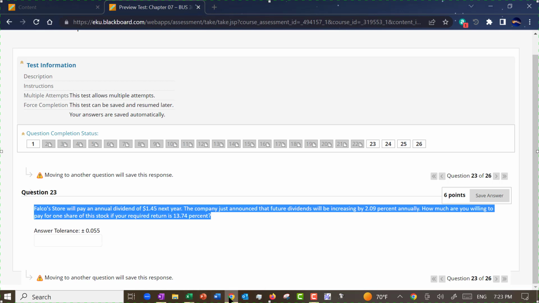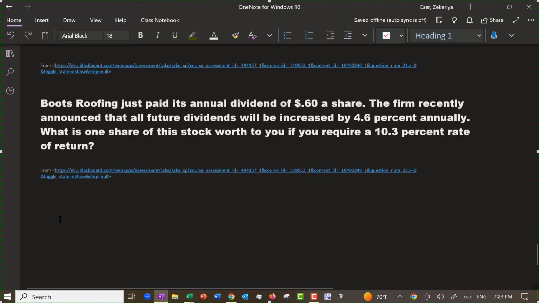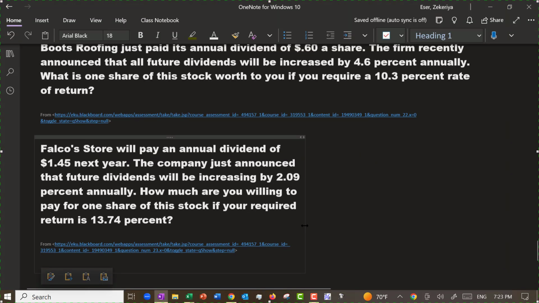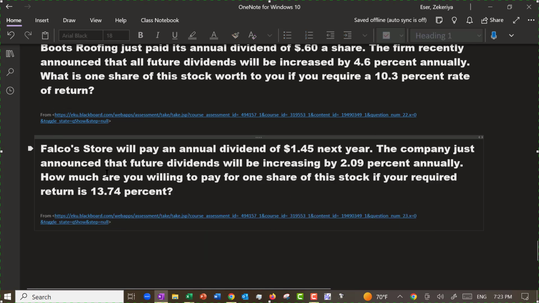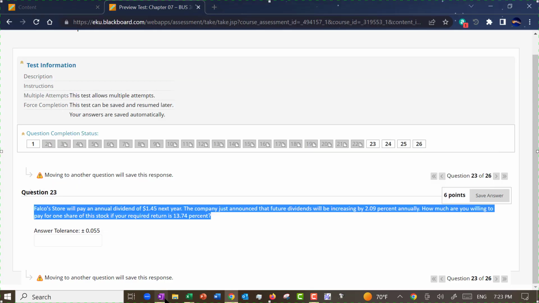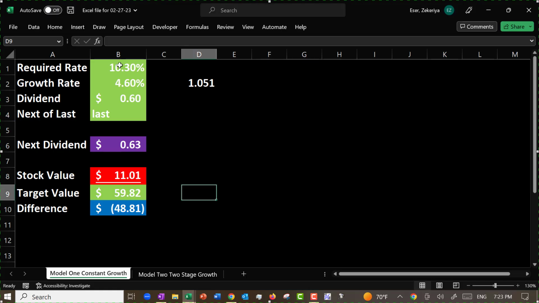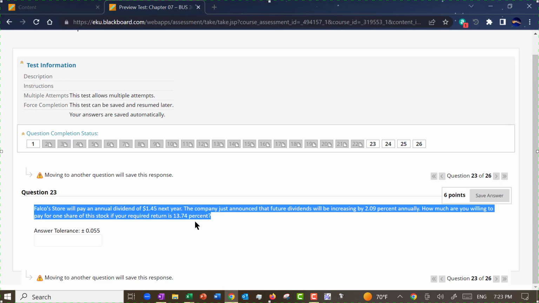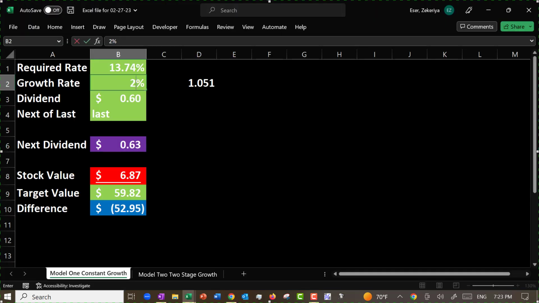This company will pay an annual dividend of 145 next year. They announced that future dividends will be increasing by 2.09. How much you're willing to pay if that's your required rate of return. Again, this is constant growth rate. Go to the constant growth rate template. Required rate 1374. Growth rate 2.09. Next year's dividend is going to be 145, and this is indeed next year's dividend.